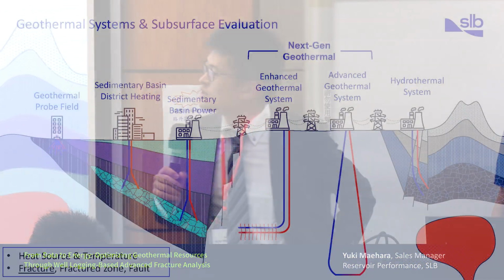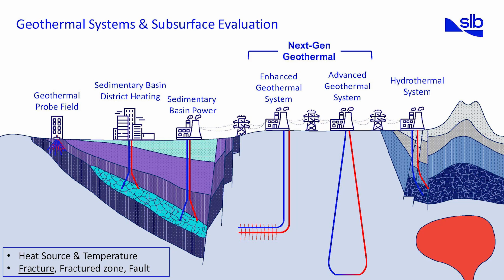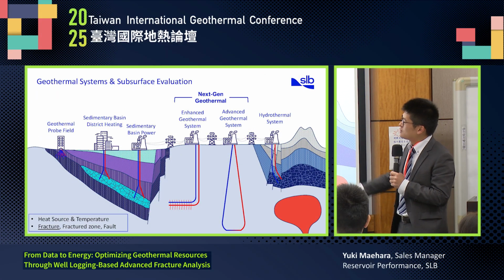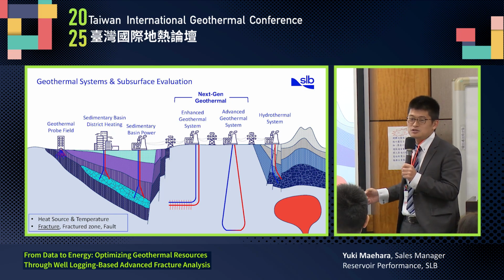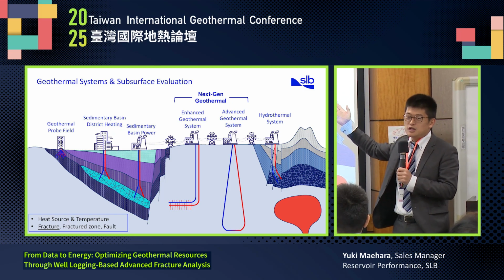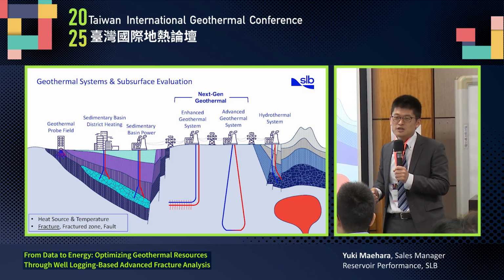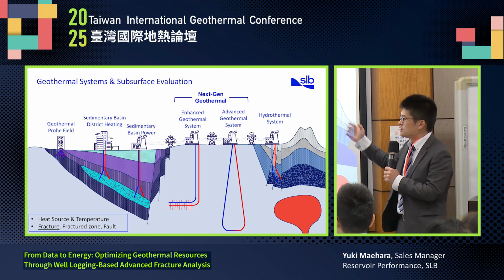Okay, let's begin. Everyone knows about geothermal, and everyone is an expert. We have multiple different types of geothermal reservoir, like sedimentary basin, also conventional hydrothermal system, and next generation geothermal, EGS, AGS, like closed loop, right?